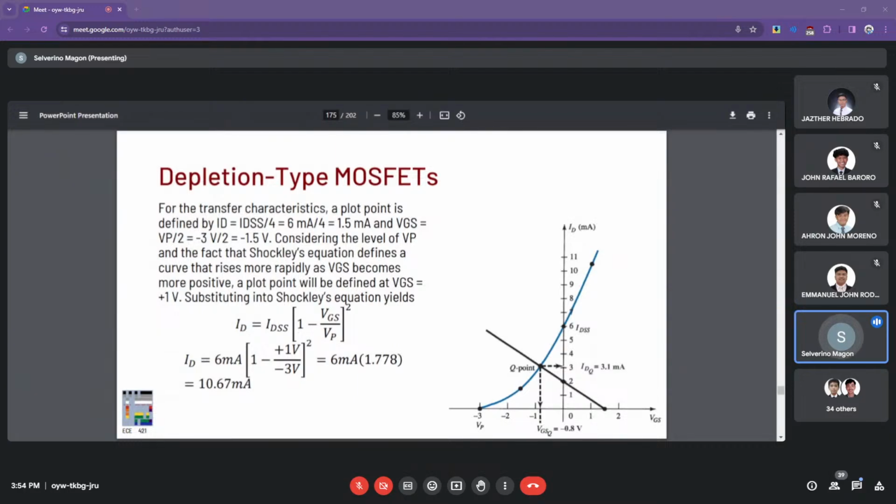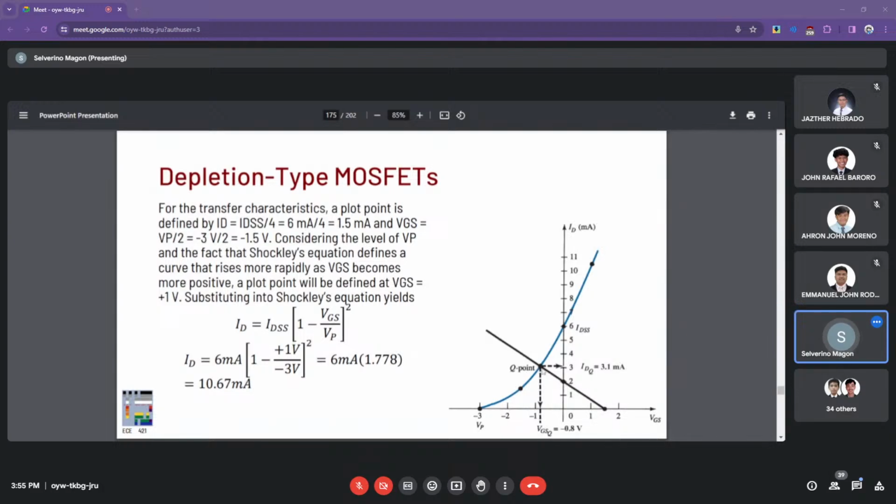And here we see that at this point, VGS is at VP over 2, or negative 3 volts over 2, at negative 1.5.